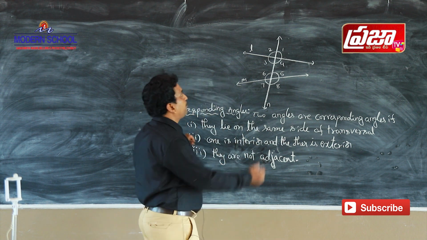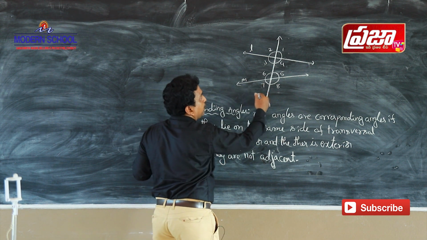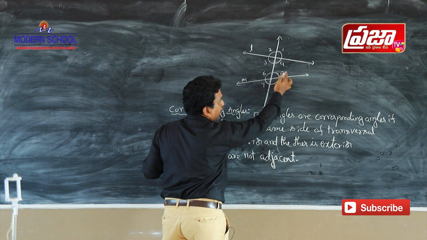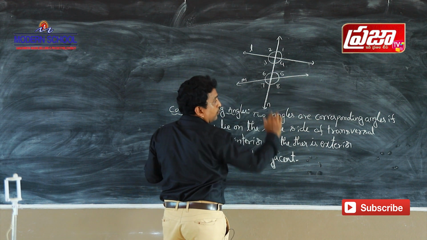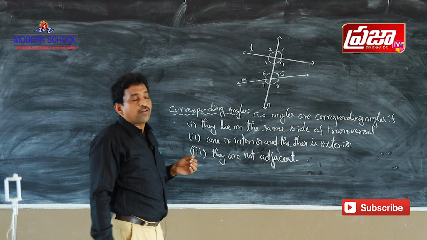In the same way, angle 3 and angle 7, angle 1 and angle 5, angle 4 and angle 8. Those are the four pairs of corresponding angles.